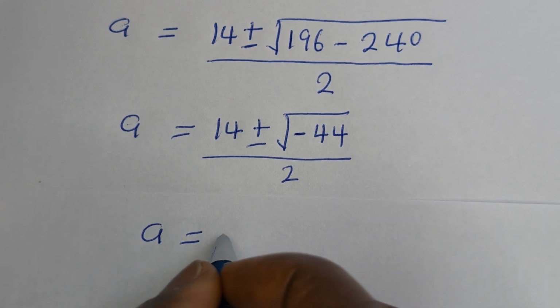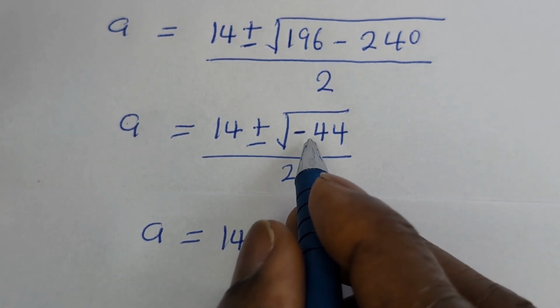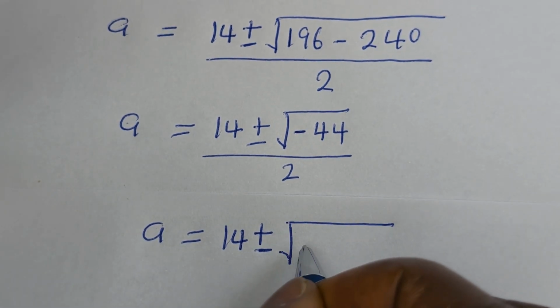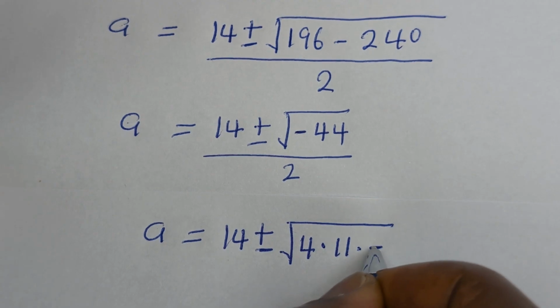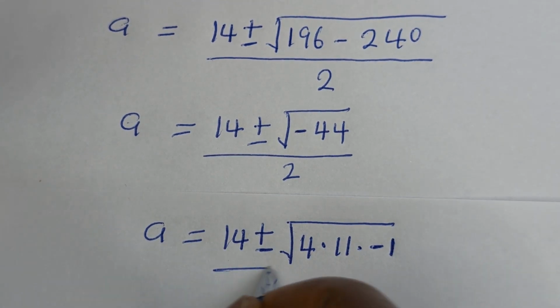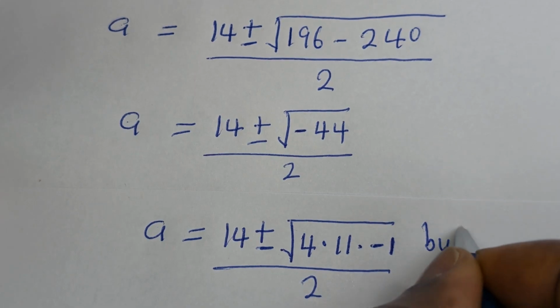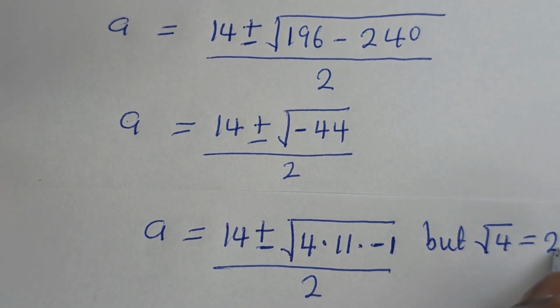A is equal to 14 plus or minus, this square root of minus 44 can be written as square root of 4 multiplied by 11 multiplied by minus 1, over 2. But square root of 4 is equal to 2.